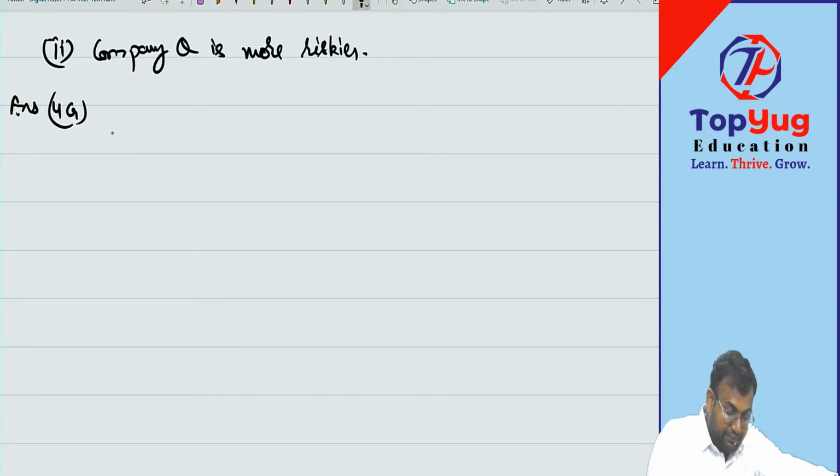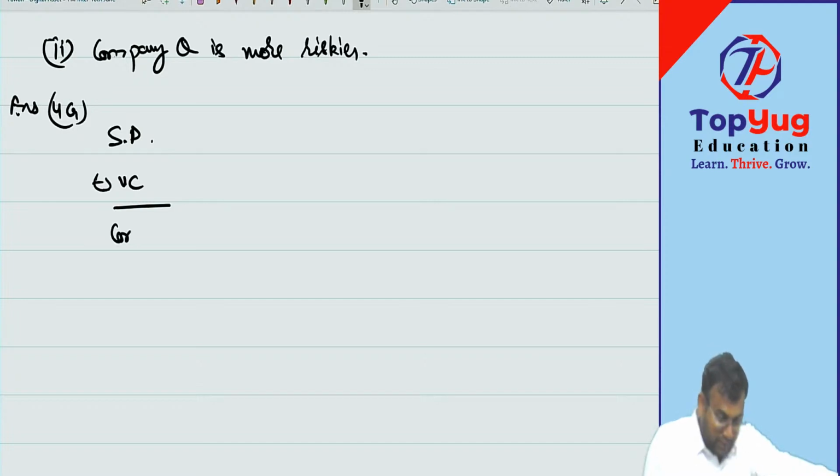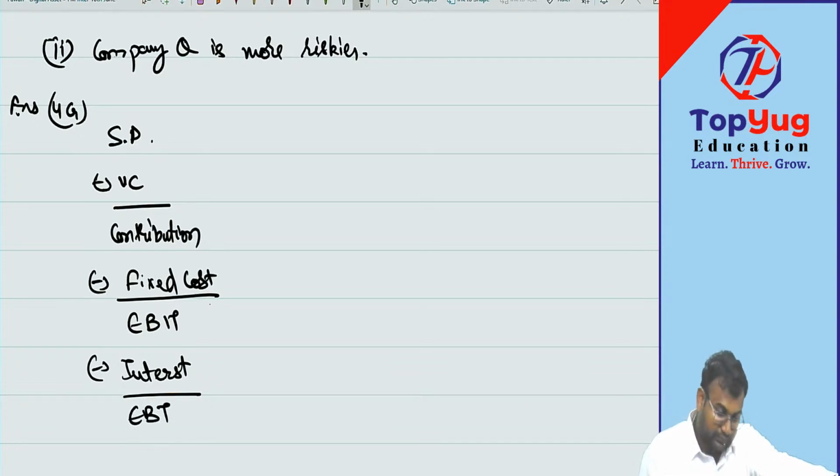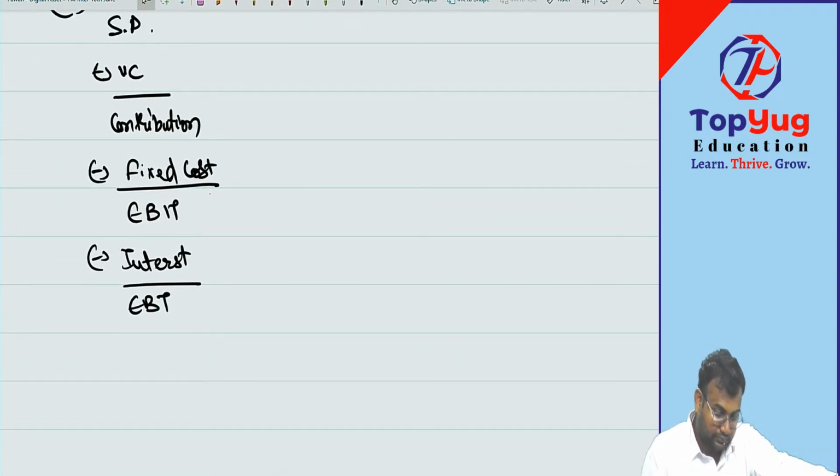Yes, again, same format: selling price minus variable cost, you get contribution, minus fixed cost, EBIT, minus interest, minus taxes.